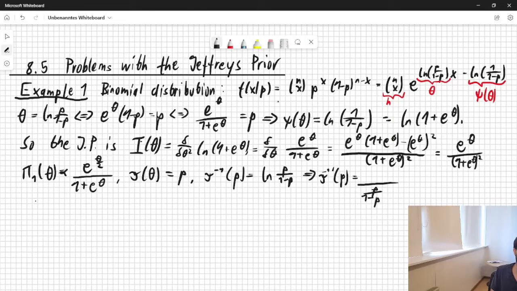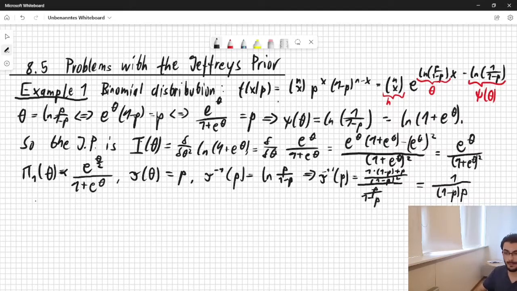And then we have the derivative of this, which is 1 times 1 minus p plus p, divided by 1 minus p squared. So a lot of things cancel out and we get 1 over 1 minus p times p.